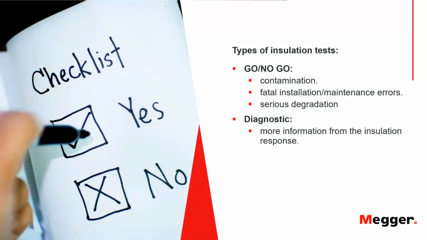Somebody has imposed on you that your particular piece of equipment should have X amount of resistance, and so you're just trying to check to see if you meet your standard. So with that type of testing, it's relatively simple, and you don't necessarily need a high-end tester. Average testers go to maybe a couple of gigohms in measurement range, and nothing is bad when it's up in the gigohm range.